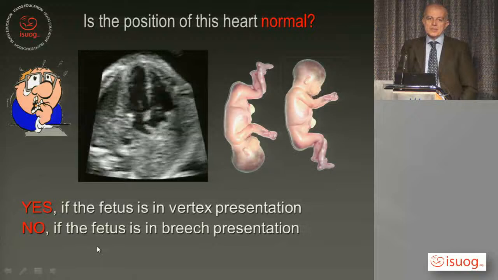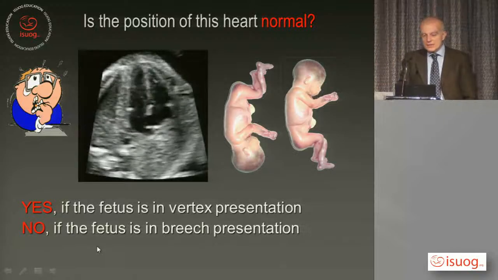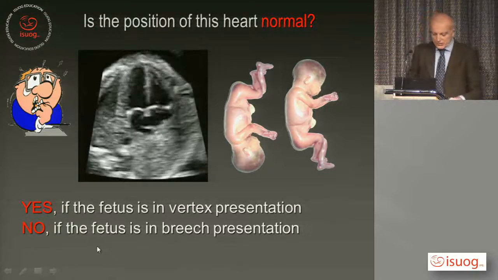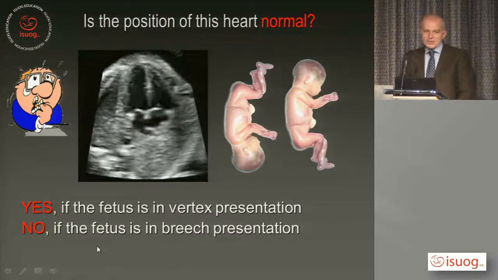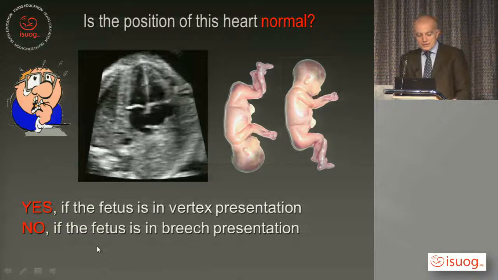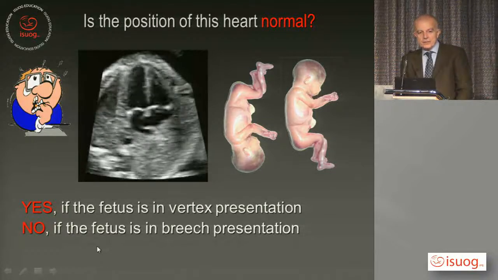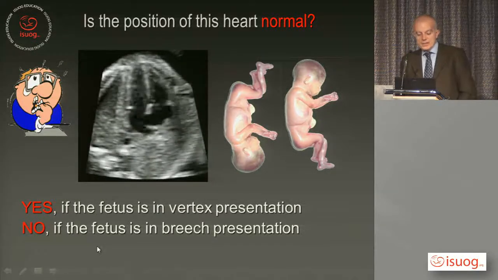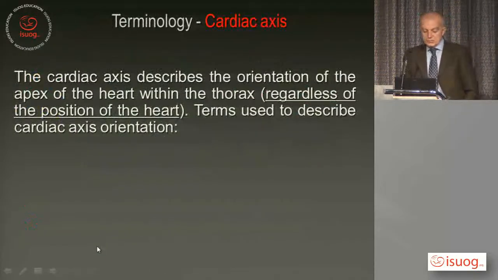So the first issue is that you cannot tell what your eye sees, but you should refrain from that and trigger your neurons now, and define first the fetal position in utero, and then decide what is left and what is right, and then confirm that actually the apex of the heart is pointing towards the left part of the body, and that the heart is mainly in the left hemithorax, as you've heard this morning, according to the guidelines.